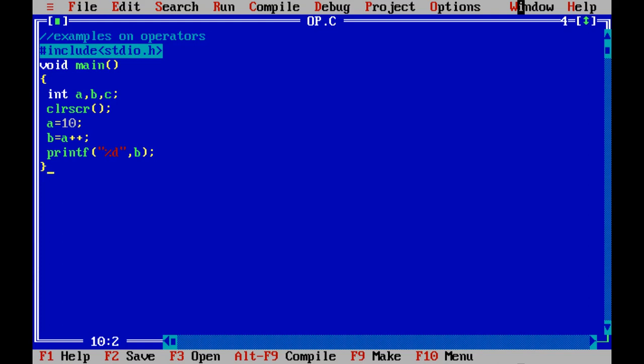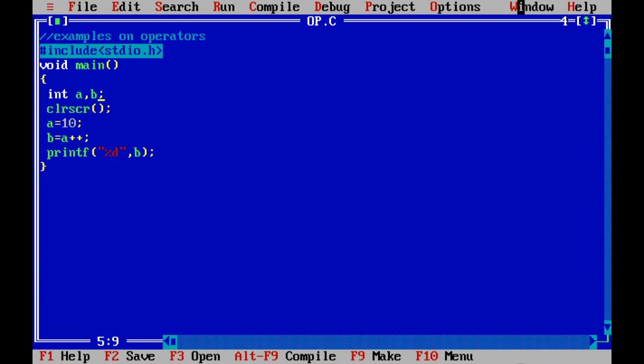Here the variable c is not used, so just remove this variable, no need. And again save this file. a equals 10, b equals a plus plus, printf percentage d comma b.